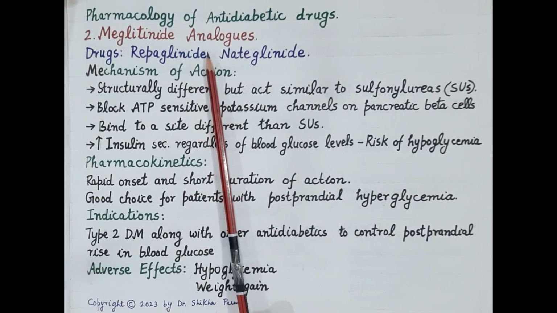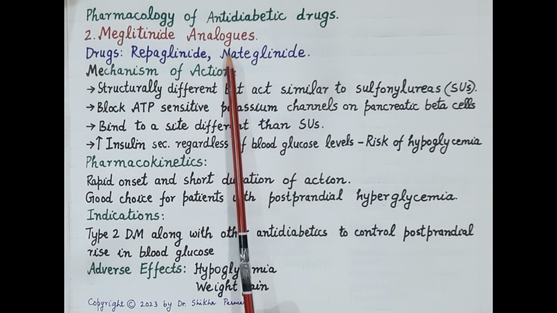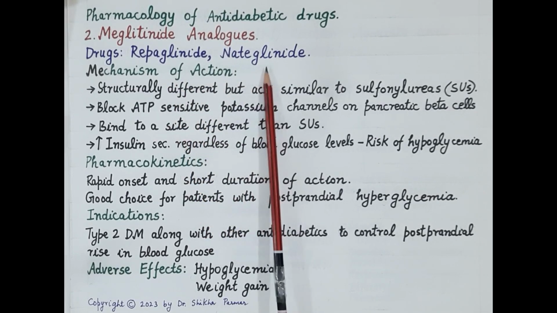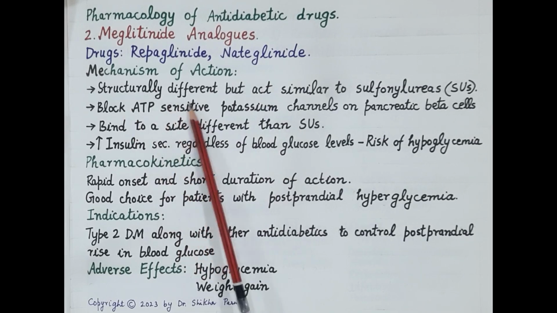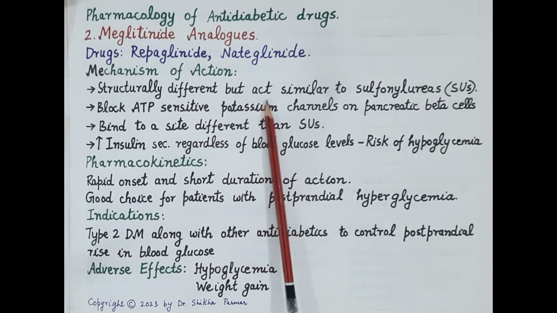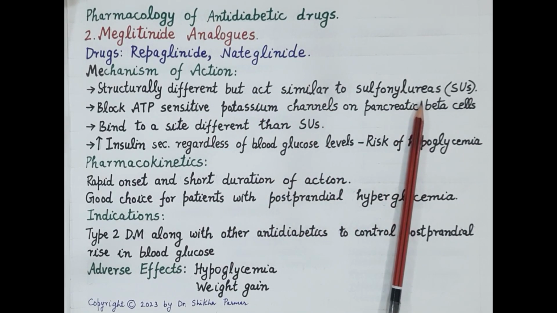Now, the next class of oral anti-diabetic drugs that increase insulin secretion are meglitinide analogs. Now, this includes drugs repaglinide and nateglinide. Now, these drugs also increase insulin secretion. Now, meglitinide analogs are structurally different from sulfonylureas, but they act similar to sulfonylureas.